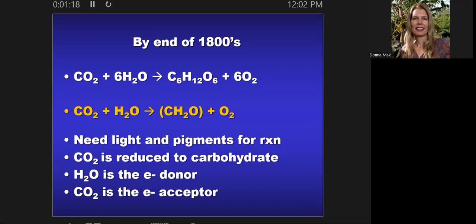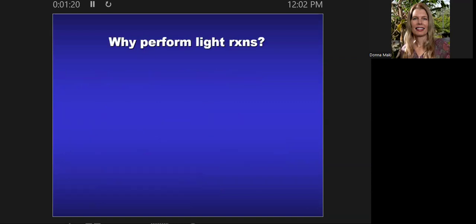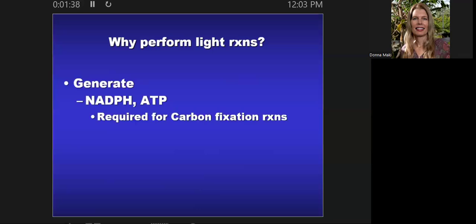But when you just zoom in on the light reactions and you look at it more carefully, that's the goal for the plant. The plant wants to make plenty of ATP and NADPH. And so this process that has evolved is designed to allow for that to happen.